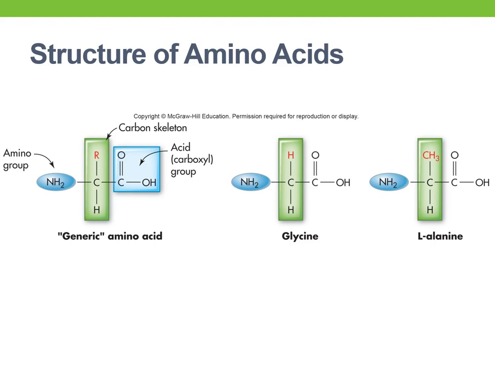If we take a look at our two examples, glycine and L-alanine, we'll see exactly that our glycine, for its one little piece on the carbon skeleton, contains a hydrogen, while L-alanine contains carbon and 3 hydrogens in its carbon skeleton. Now, it's also important to understand how the amino and the acid groups interact.